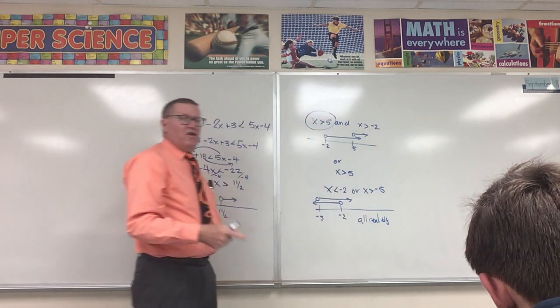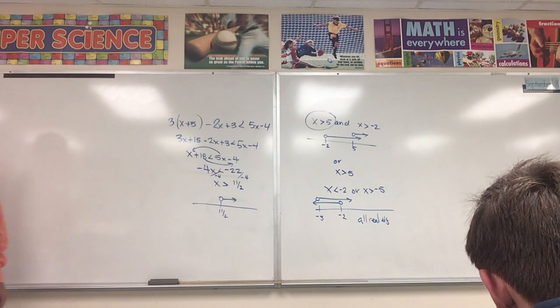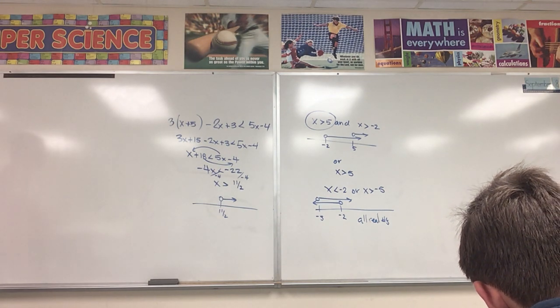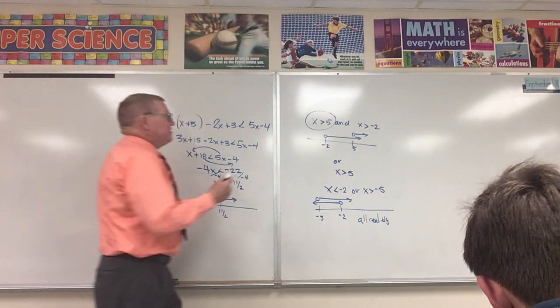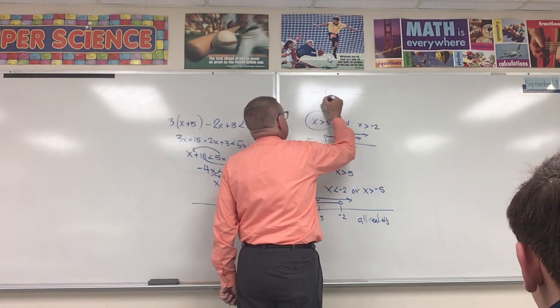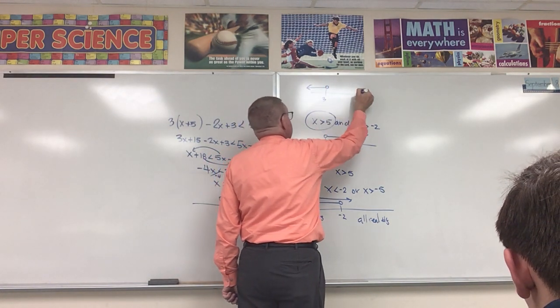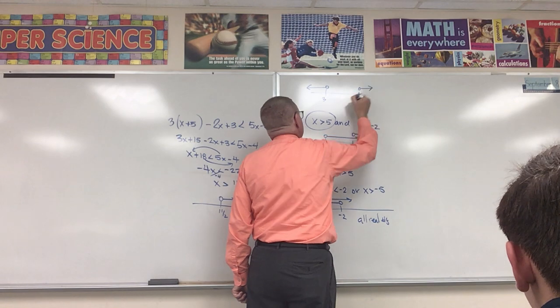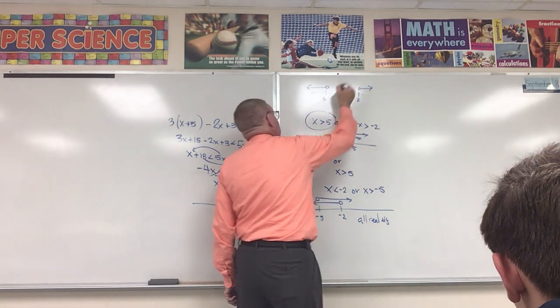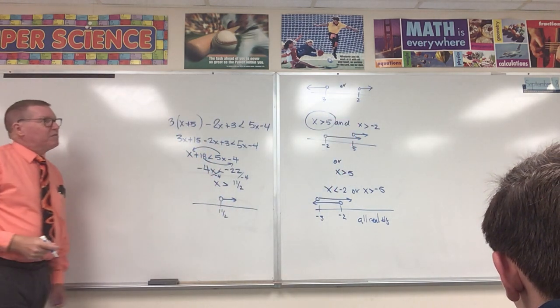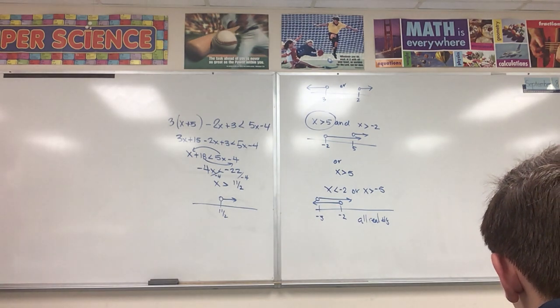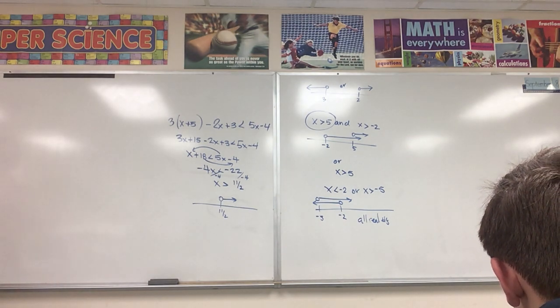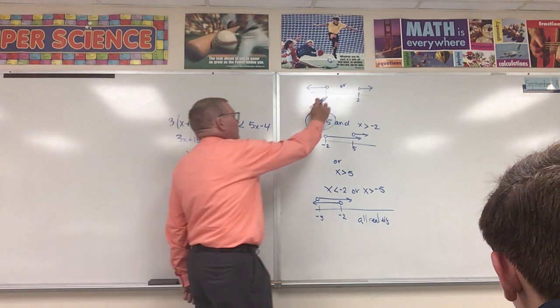So I want to make sure that I look at my graph to see if there's a simpler way to write it. If I had something like this, and it was an "or," what's the simplest way to write this? I really wrote that wrong, I get them backwards.